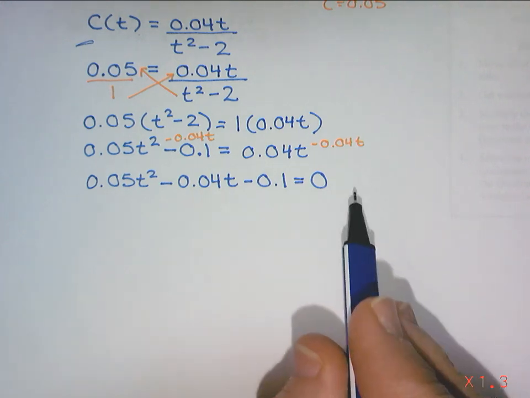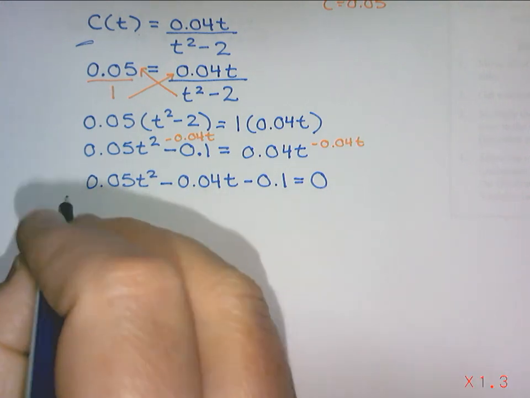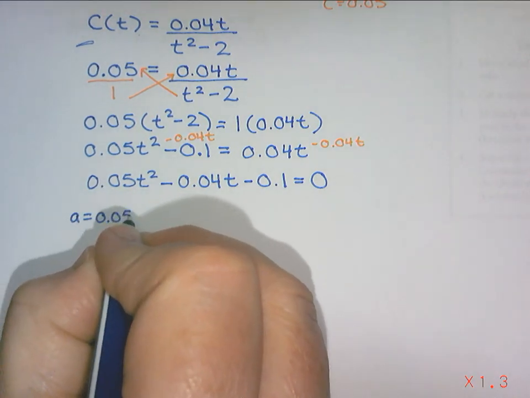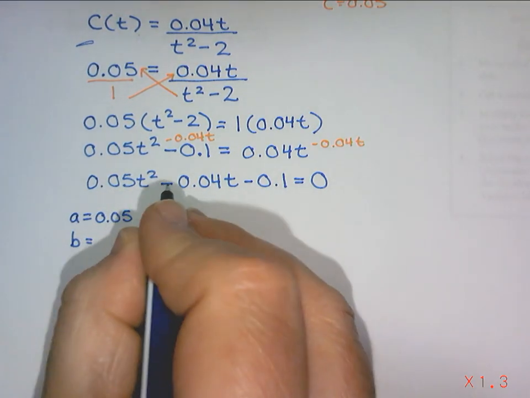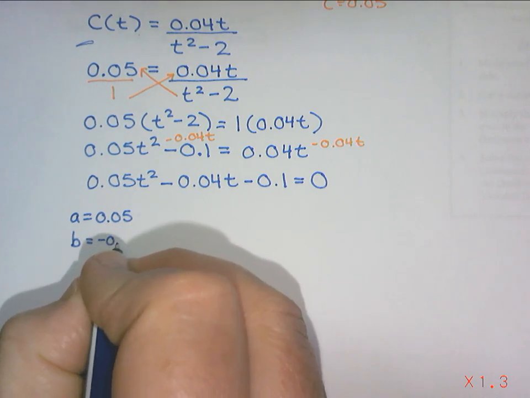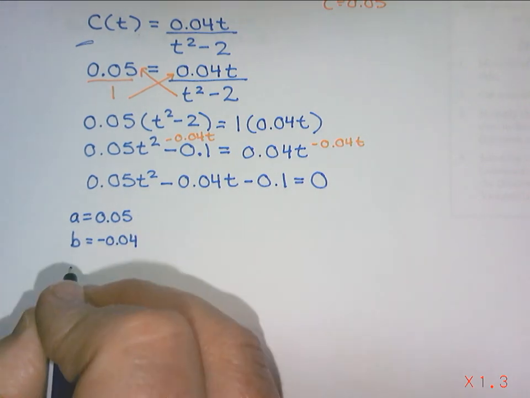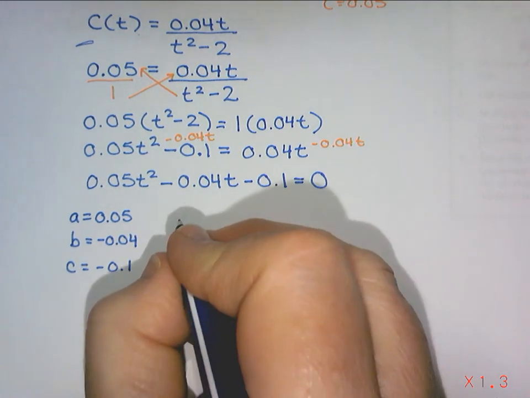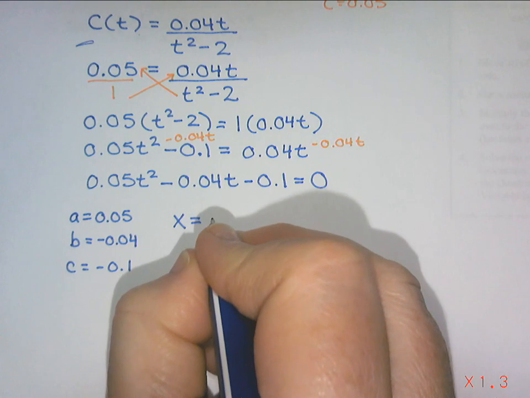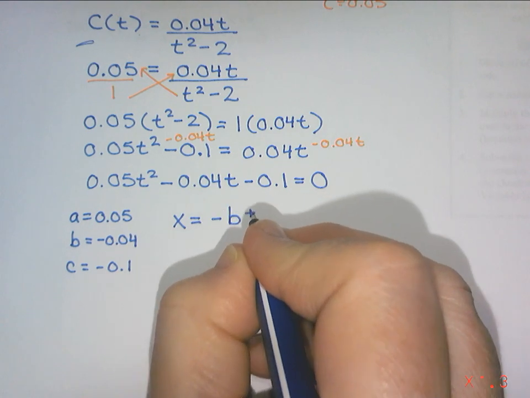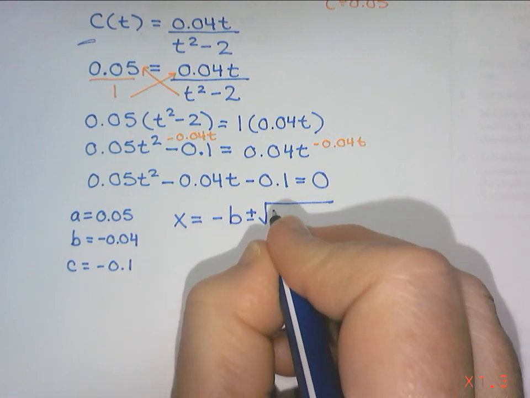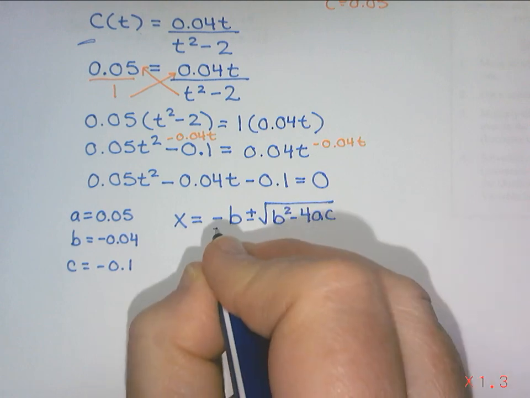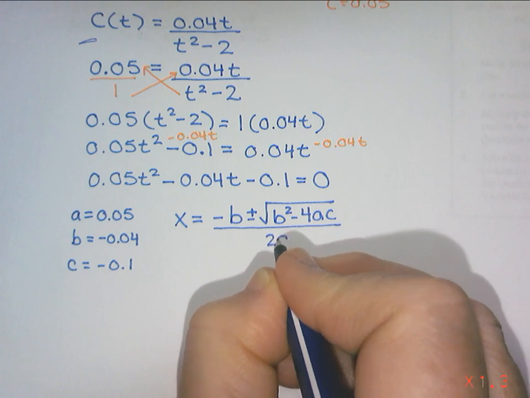So if I decide to use quadratic formula, my a value would be 0.05. My b would be negative 0.04. And my c is going to be negative 0.1. And my formula is x equals negative b plus or minus square root b squared minus 4ac, all divided by 2a.